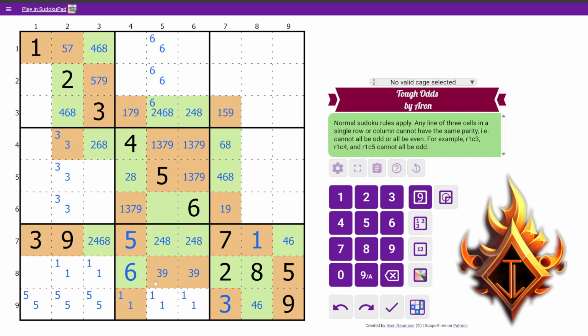Where's one that has 4? 3 rather. There's an odd over here. This row doesn't seem to be an issue. There's a 4 somewhere over here though.